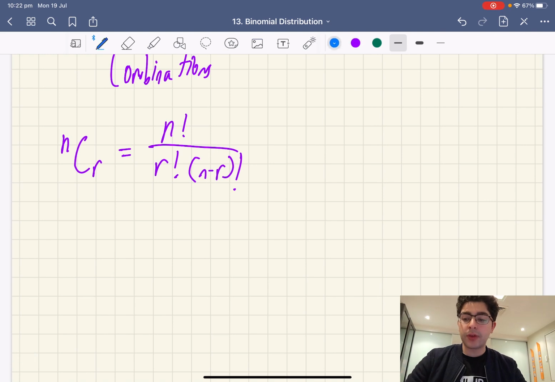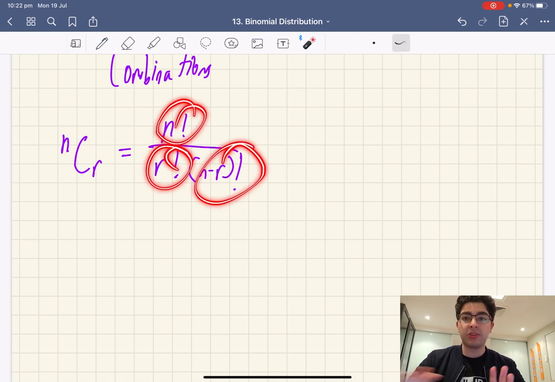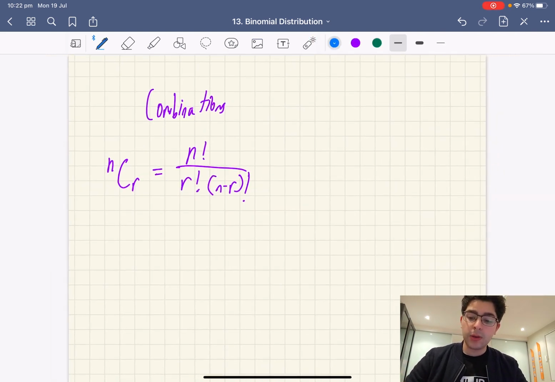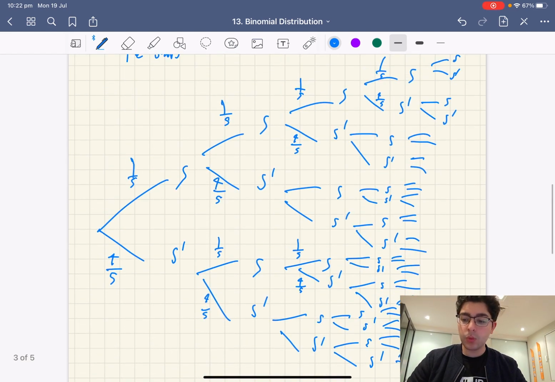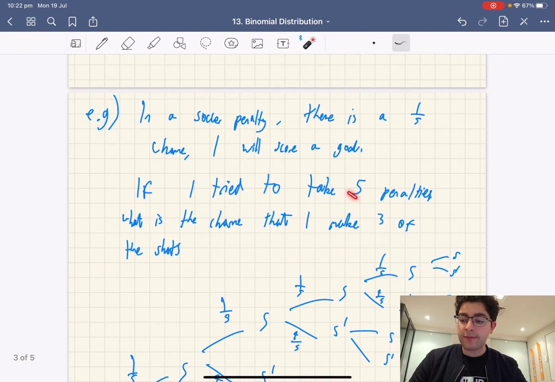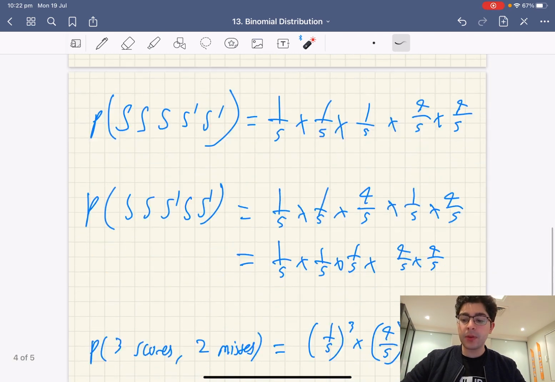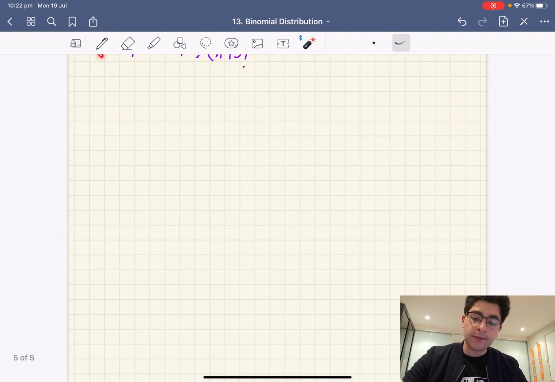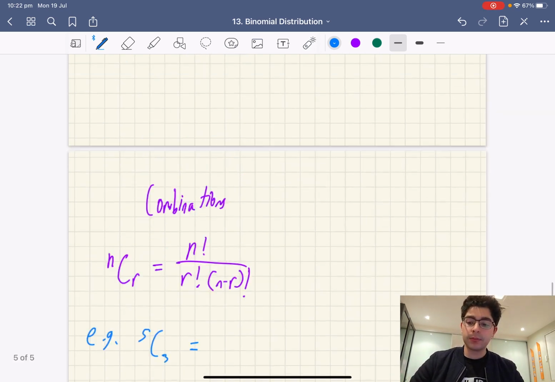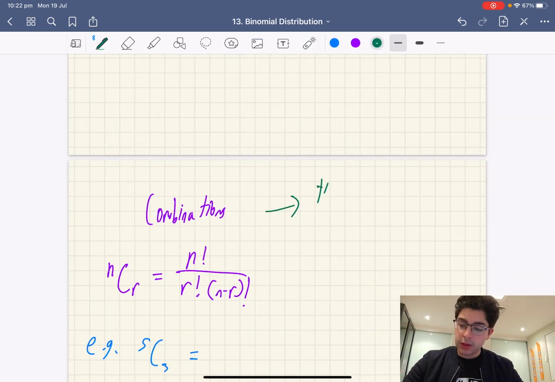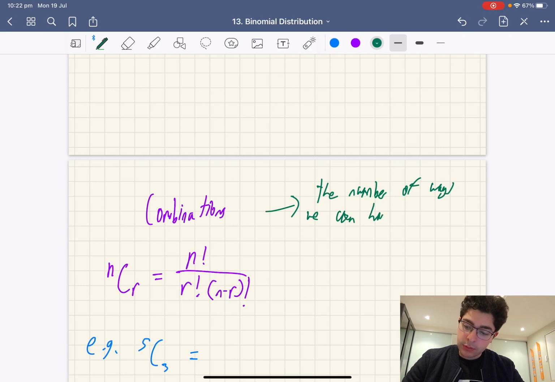Now let's go through an example for that, and I'll explain what factorial is when I actually get to some numbers. So if we go back to this example over here, which is saying that we have 5 attempts and we have to make 3, we are ultimately going to be finding 5C3. So this is saying the number of ways we can have r successes with n attempts.